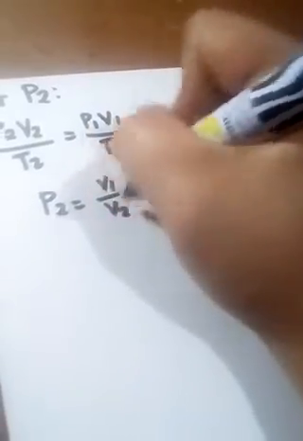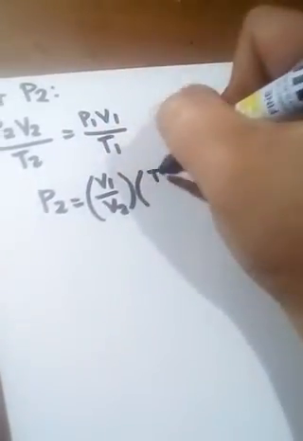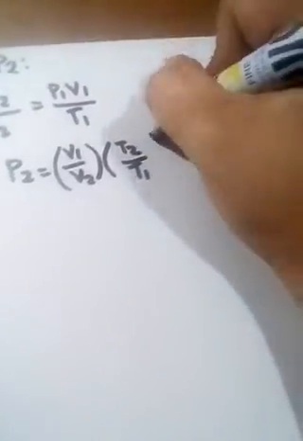For another unknown, we're going to solve for P2. In solving P2, we're going to use this equation: P1 V1 over T1 equals P2 V2 over T2, wherein P2 is equal to V1 over V2 times T2 over T1 times P1.